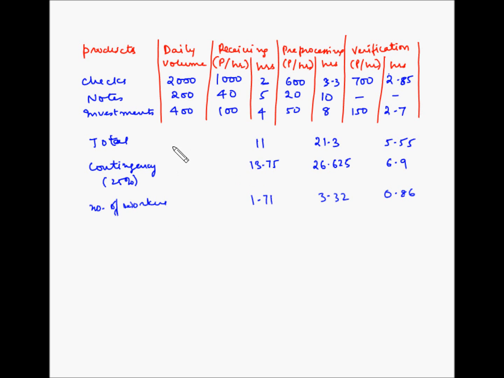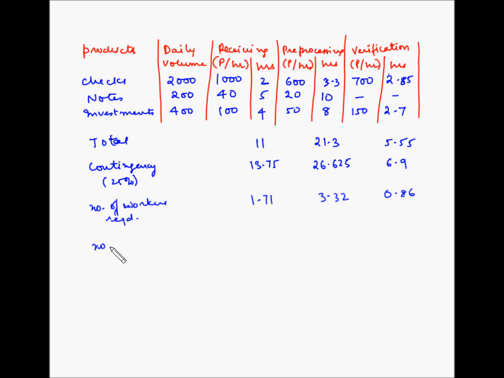So now what the organization would do is they would look at the total number of employees that are currently available for doing these activities. So let's list that. So this is the total number of workers required.